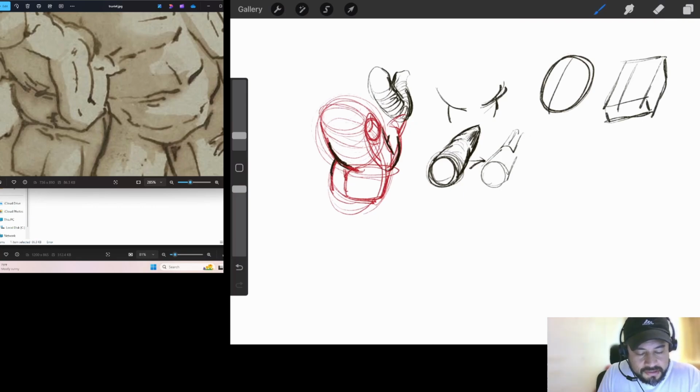Finding their center lines is important. And of course, we'll have the bottom sections, the pelvis. How would you connect the top to the bottom section?